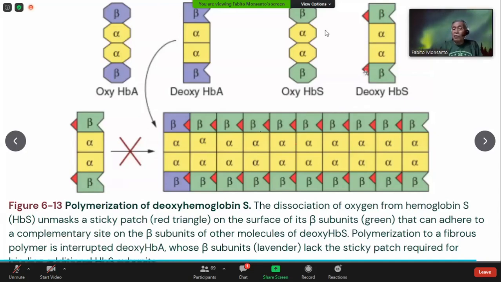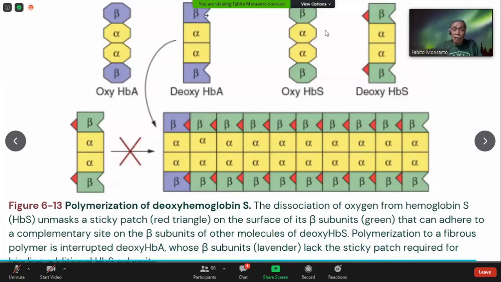The normal hemoglobin has a complement there, the beta subunit.